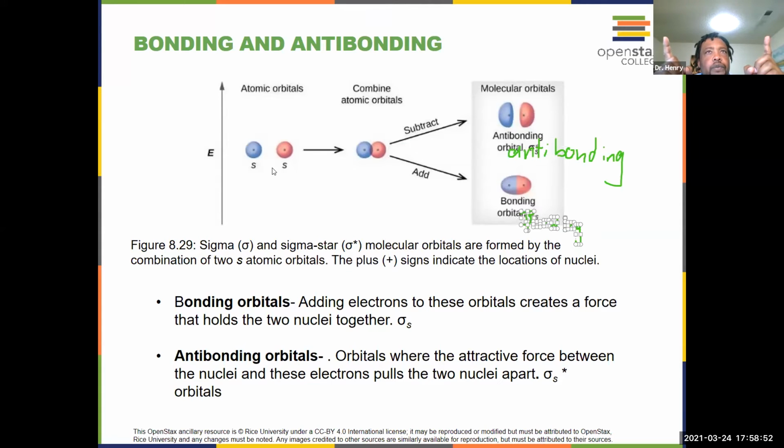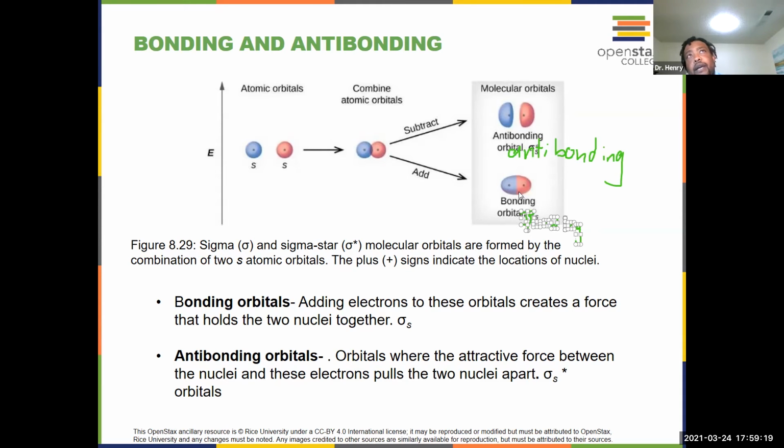If these are in phase with each other, what we really mean is that we have electrons going in opposite directions, a positive spin and a negative spin, and so they act as if they're one unit. They'll come together as being in phase. In that situation, they are going to be additive, and you're going to get bonding.